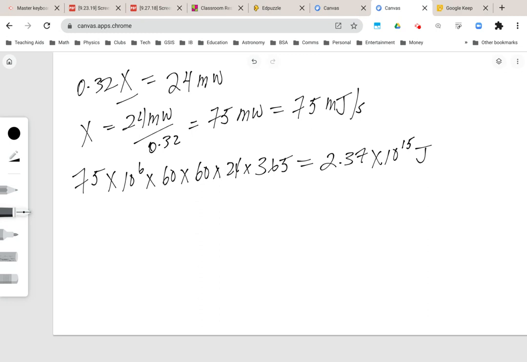Now, each uranium nucleus, when it splits apart, generates only a very small amount of energy, 3.2 times 10 to the negative 11th joules.